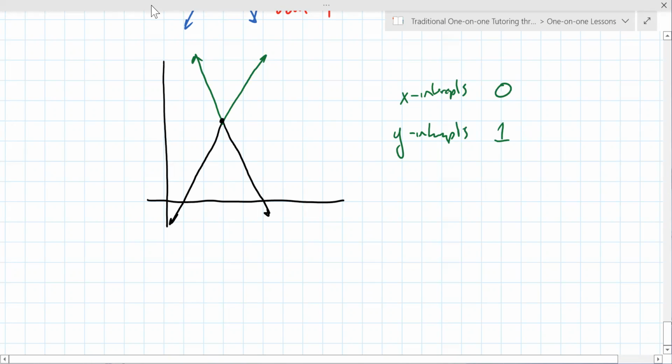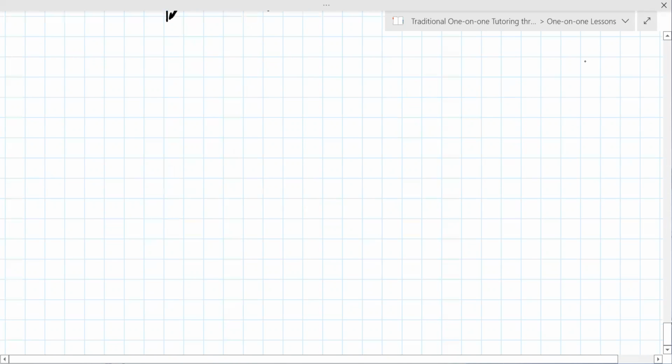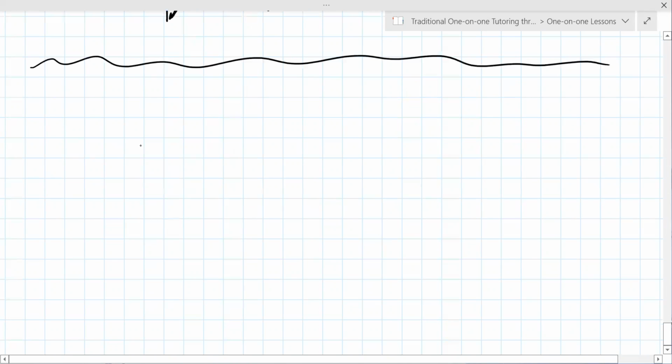Okay, let's try another problem here. Let's go 3 absolute value x plus 2 minus 6. What is the vertex of this absolute value function?